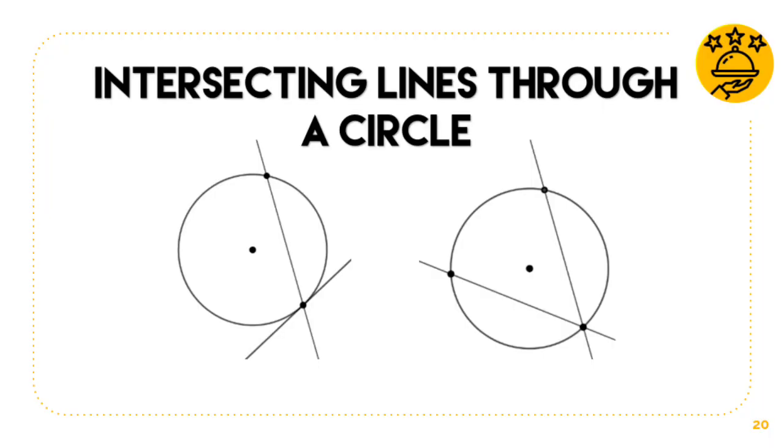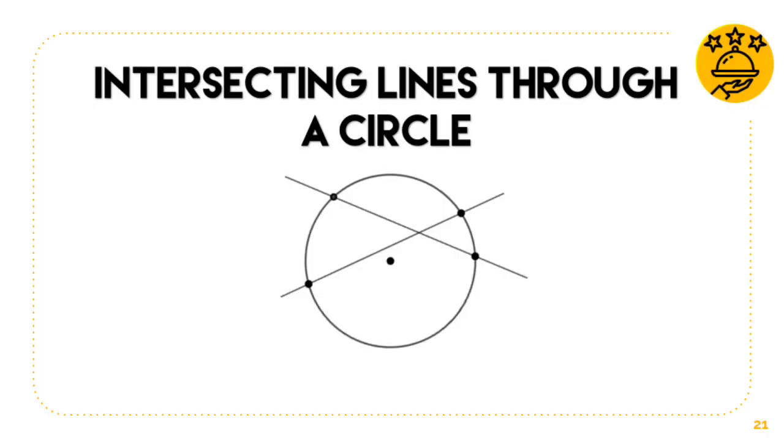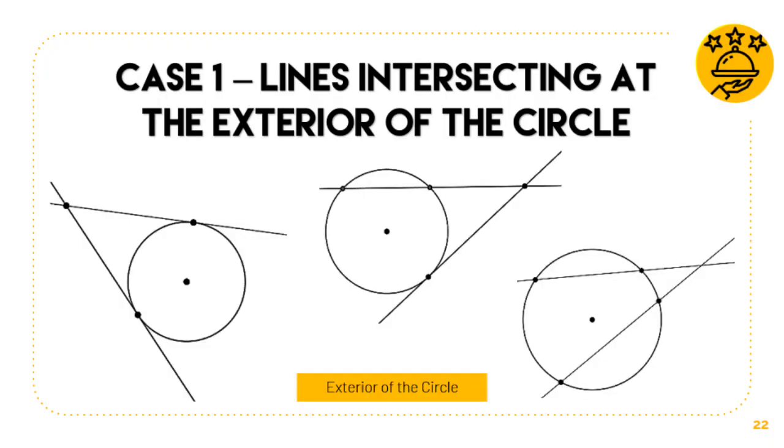Case 2, the lines may intersect on the circle. And in the third case, the lines may intersect at the interior of the circle. The angles formed by these three illustrations are all at the exterior of the circle.